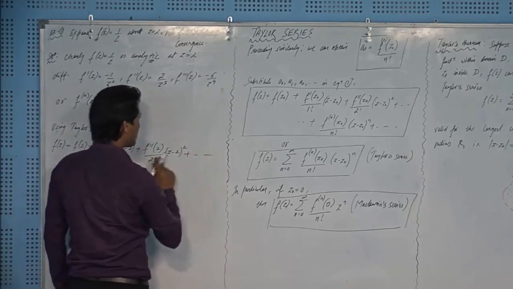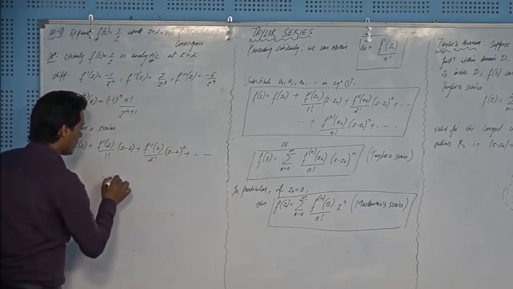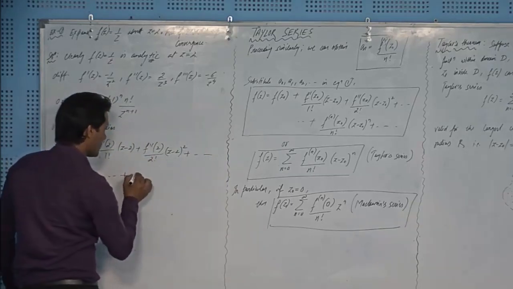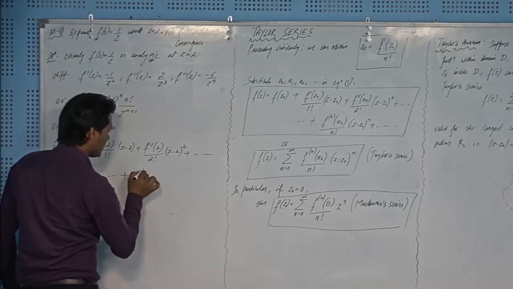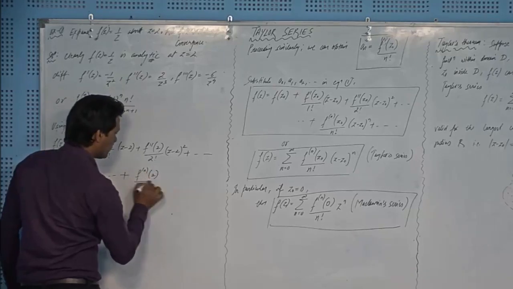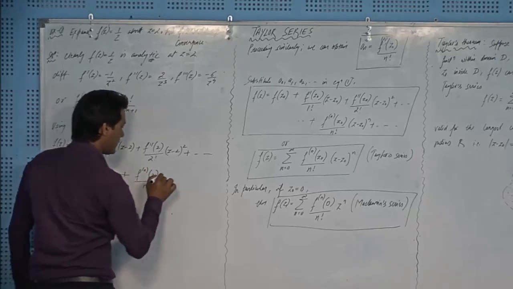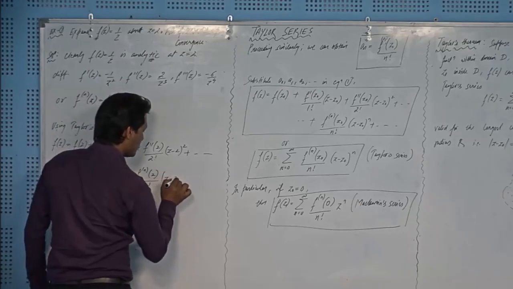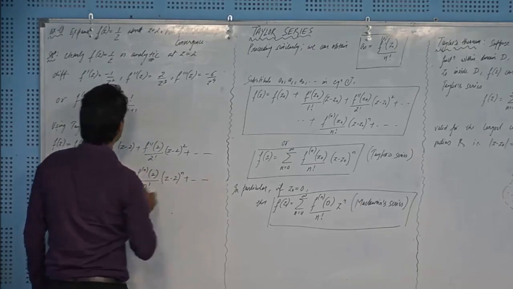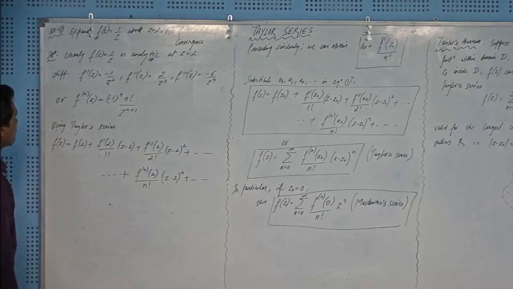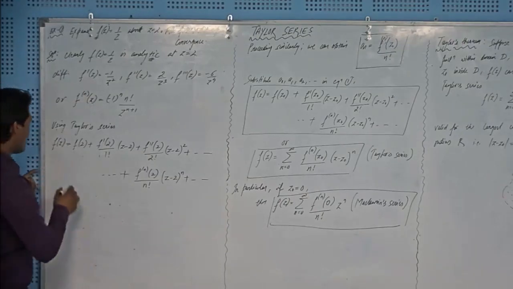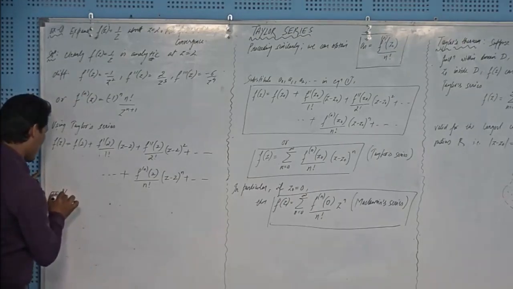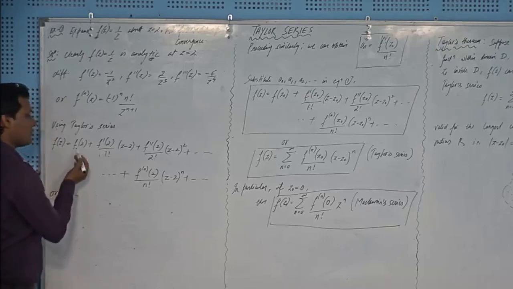This is enough, but you can also write the nth derivative term: nth derivative obtained at 2 over n factorial, and here we'll have z minus 2 whole to the power n, and so on.